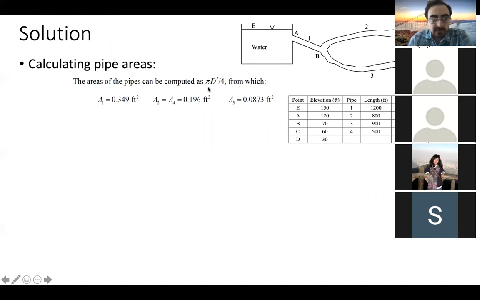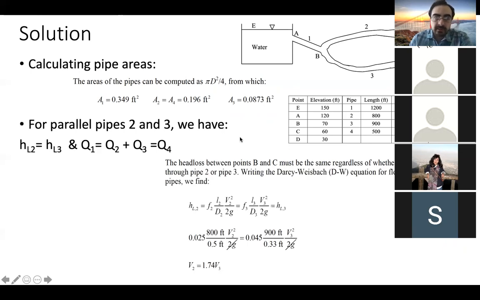So we use the simple formula for the area of a circle, so it's pi D square over 4, and you have the diameters of the different pipes written here, so you can simply calculate the areas A1, A2, A3, and A4. A2 and A4 equal each other because the diameter is 6 inches for both of them. Okay, so this is the first thing. It's easy.